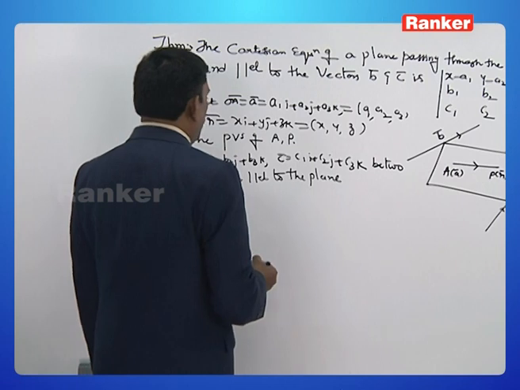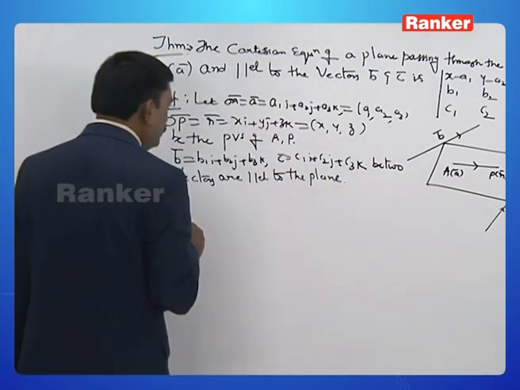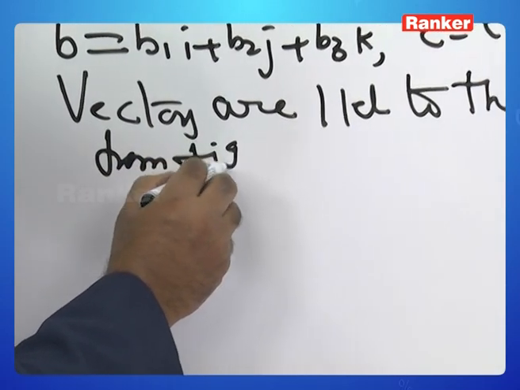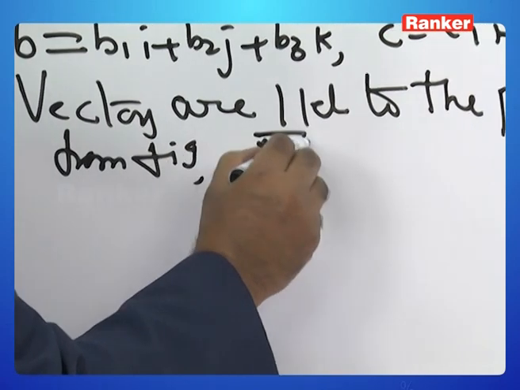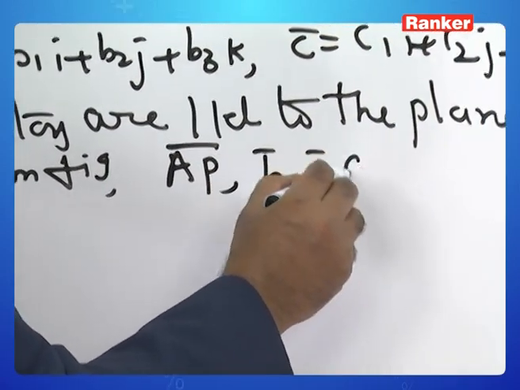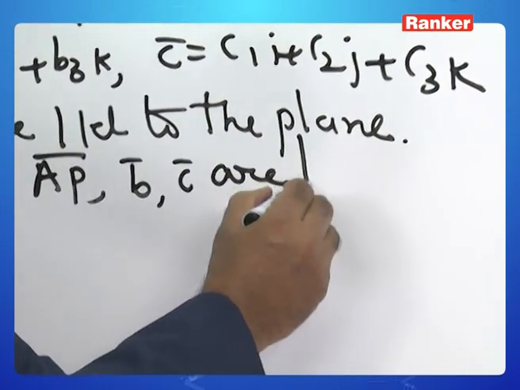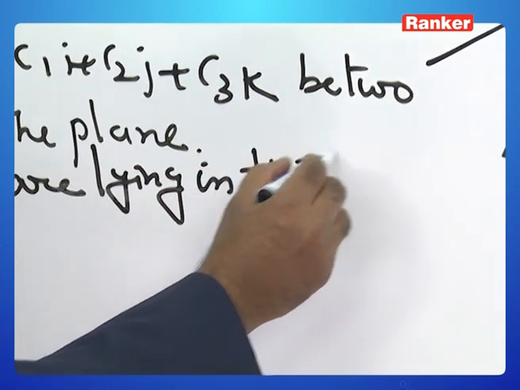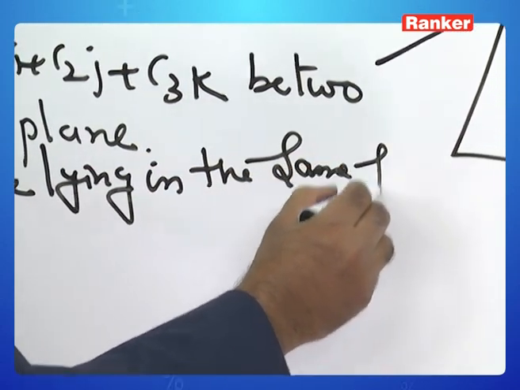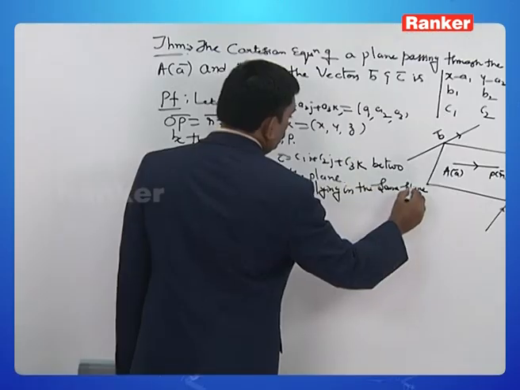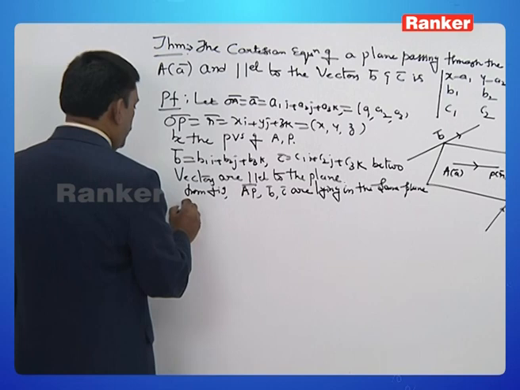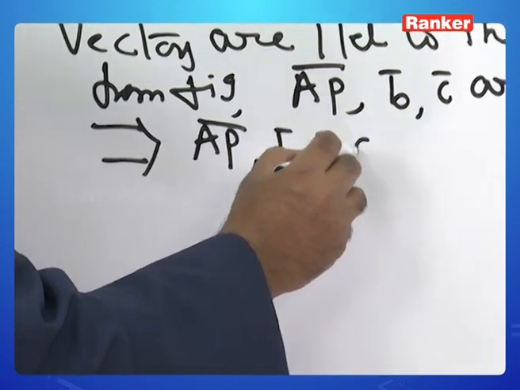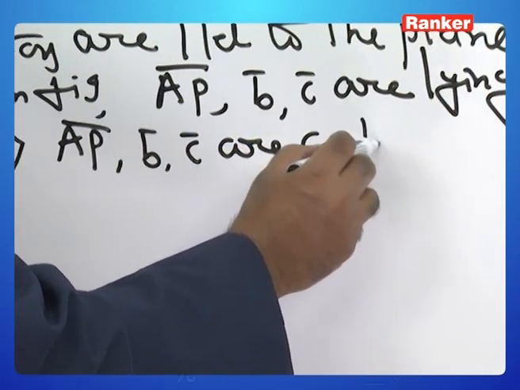From the figure, AP bar, B bar, C bar are lying in the same plane, which implies they are coplanar.